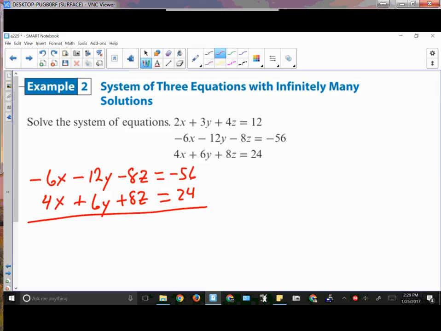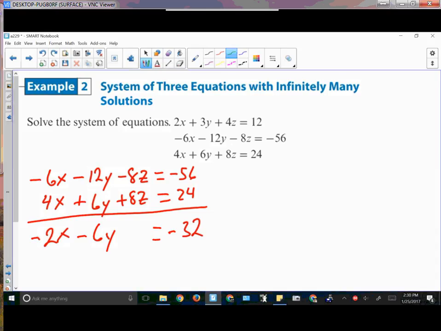And when I combine these together, add here, so we get negative 2x, add over here, negative 6y. This disappears, and these two equal what? Let's see, that would end up being negative 32. Okay, so I've got that set of equations. These are gone.